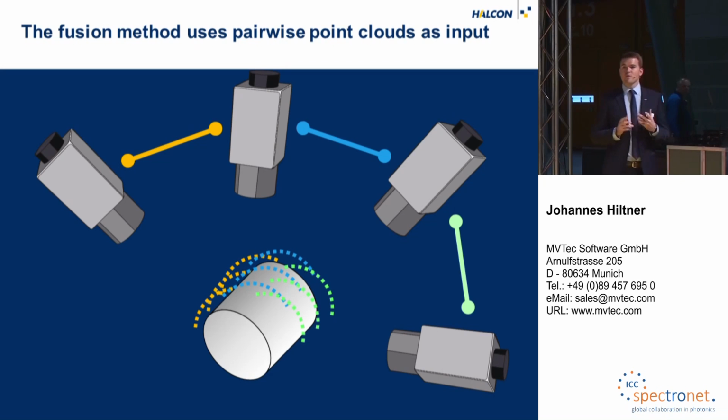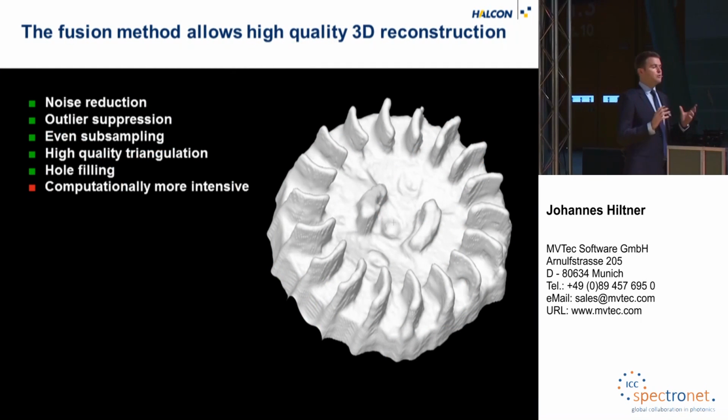But now with HALCON 13, we use the whole information from multiple cameras and use a technology called sensor fusion. This results in very high quality 3D point clouds. So the benefits are noise reduction, for example, and very important outlier suppression.